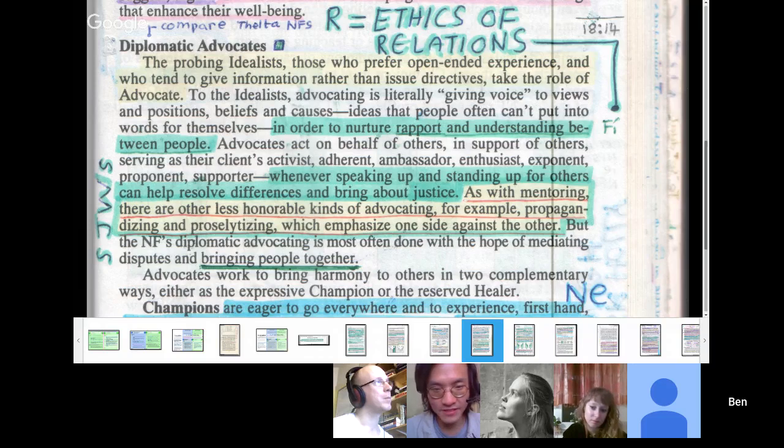Solve differences and bring about justice. Maybe justice, it's kind of hard to know exactly what everything is about, because I guess justice would be behind it.